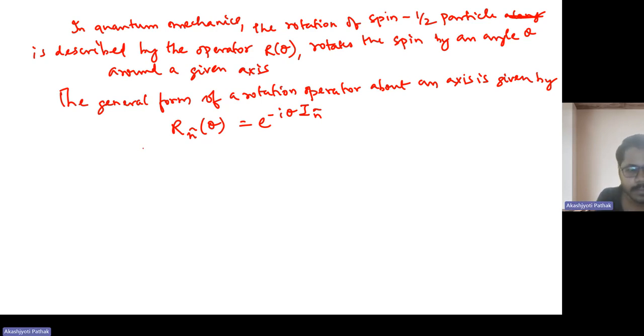So what is this theta? Theta is the angle of rotation. And what is this?